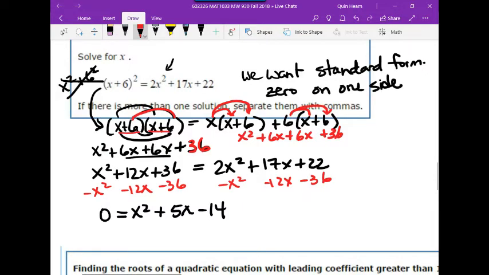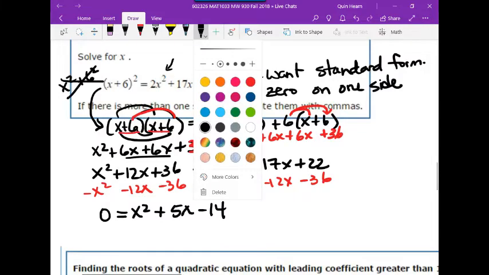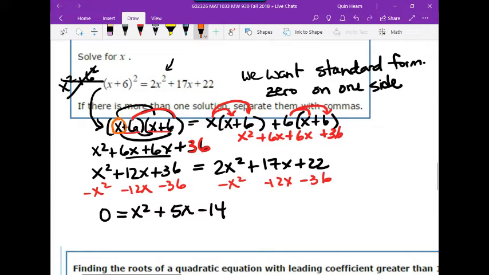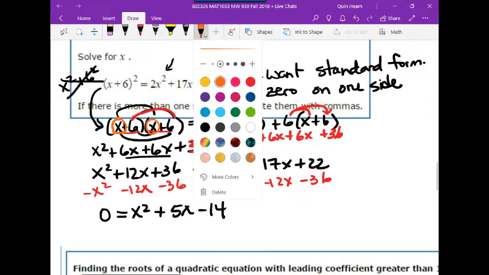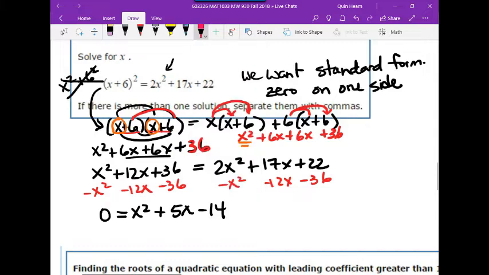Now you may have heard that referred to as foiling, which means you do first, outer, inner, last. First times first refers to the x being multiplied by the x. Okay, so that's giving us the x squared. And then FOIL, we did the F, first times first. Outer times outer is referring to this x, the first x, and the last 6, so that would be 6x.